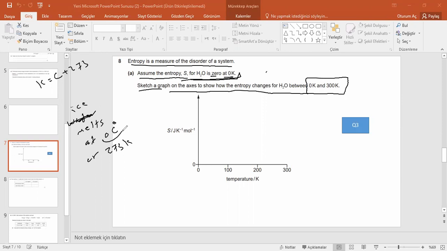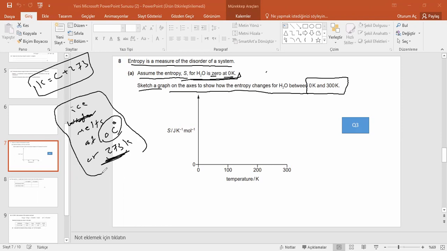So to find 0 C, we take this number, put it here, so we get C as 0. So you know this formula. We know that ice melts at 0 Celsius or 273 Kelvin. Keep this in your mind, we will need it a lot.